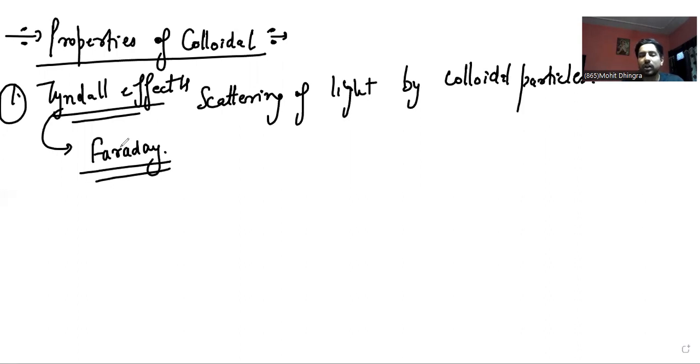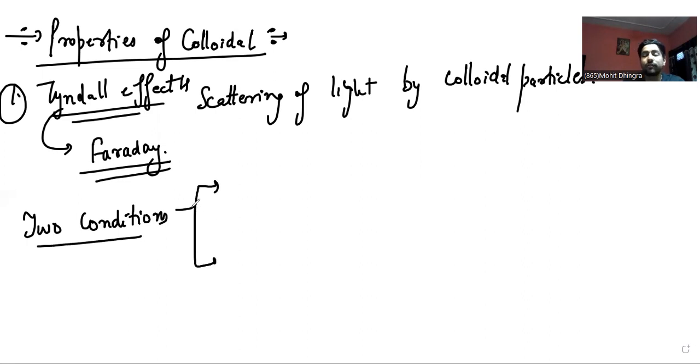Now there are two conditions for this Tyndall effect to be observed. Only if those two conditions are fulfilled, then this Tyndall effect will be observed. So first of all, the condition is that the diameter of dispersed particles must not be much smaller than the wavelength of light used.